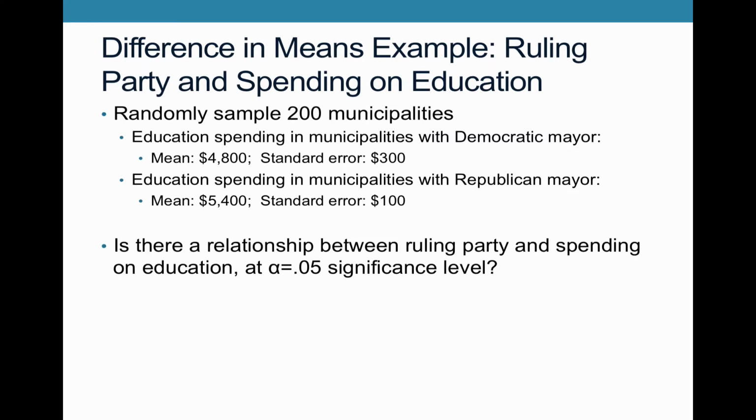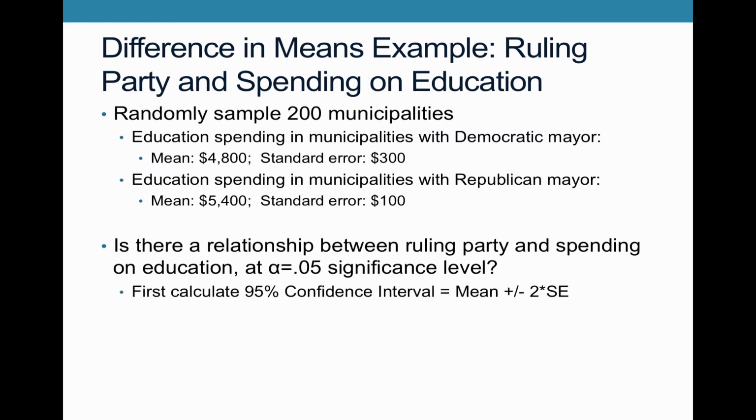So is there a relationship between ruling party and spending on education at a 0.05 significance level? We're never going to be able to be 100% sure about what the population is, but we can be 95% confident that there is indeed a relationship, that we could reject the null hypothesis.